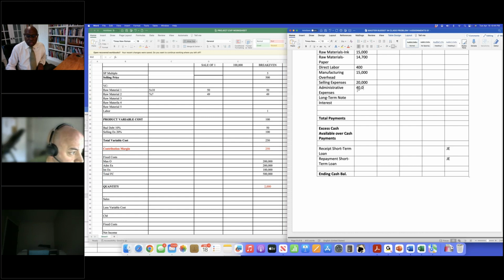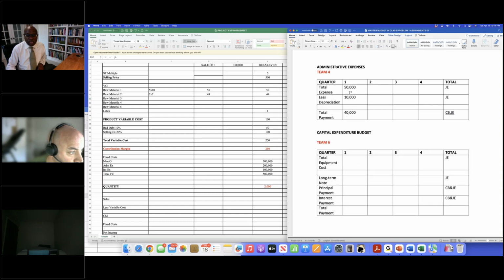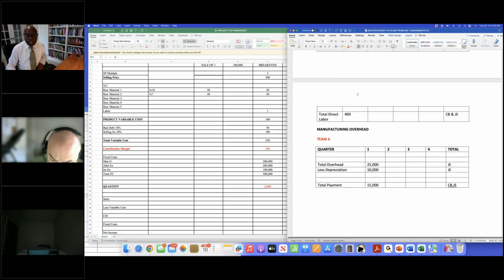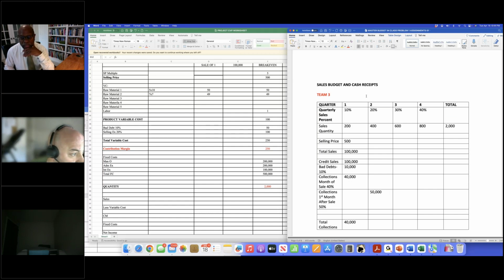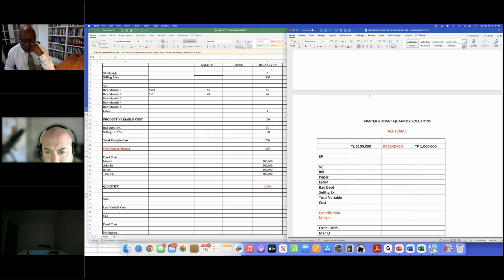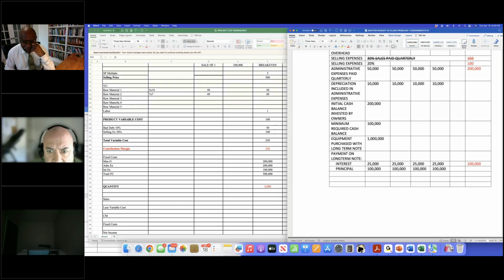Now we go to the capital expenditure budget and we look at what happened, and we'll be doing this on the projects and everything. We could make a down payment, but we didn't. We bought them, $1 million, with a long-term note. So we don't have any cash expenditure for that. The only thing we have is interest and principal.